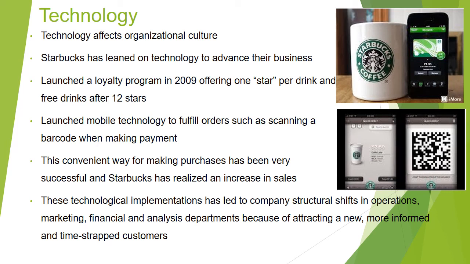This convenient way to make a purchase has been very successful, and Starbucks has realized an increase in sales. This technology implementation has led to the business structure shift to operating, marketing, financial, and analysis departments because of attracting new, more informed, and time-strapped customers.